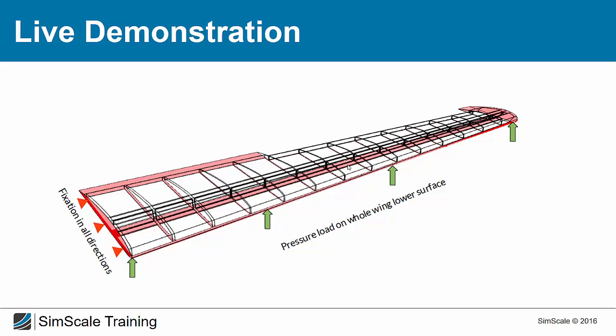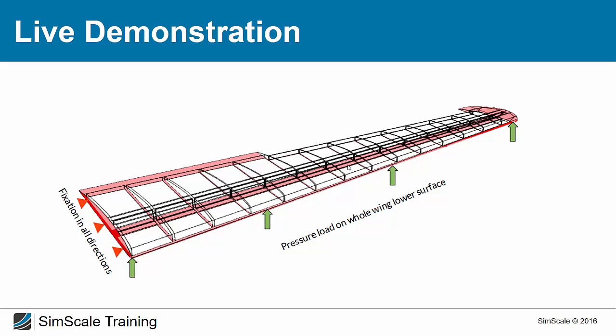You may ask yourself why on the lower surface. In the end, if you take a look at the wing and you want to simplify it, you have a lower and a higher pressure region. But the force which is acting, or the pressure which is acting, is the pressure difference between those two sides. So if you have, let's say, on average 0.5 bar pressure on the upper side and 1.2 on the lower side, then you have a total pressure difference of 0.7 bar.